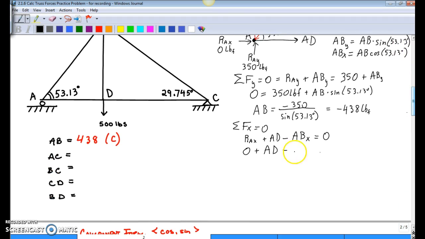So let's look at that. That's AB cosine 53 degrees. Well, we don't know AD, but we do know AB. We just found the magnitude AB. So let's keep updating this.